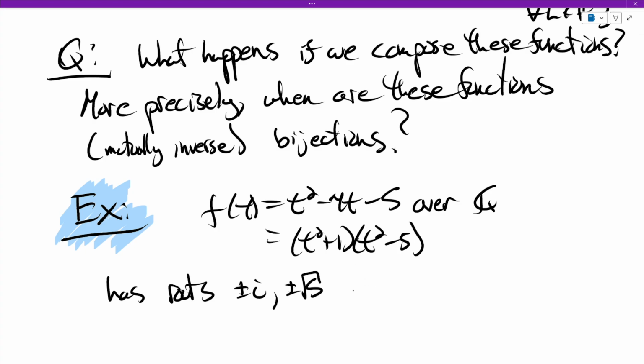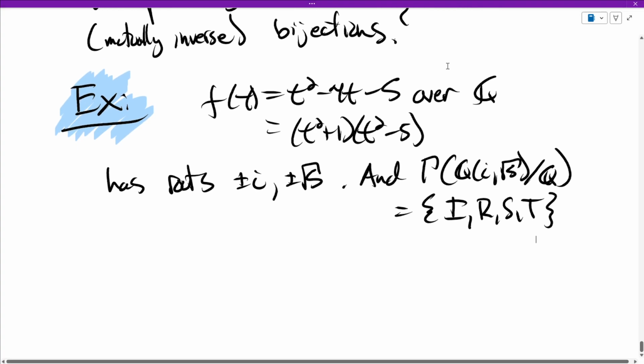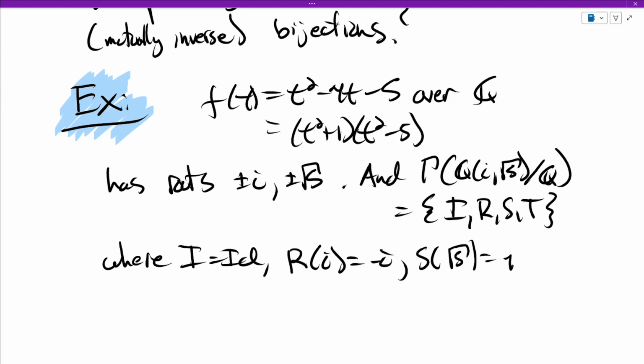Just as a quick reminder, the Galois group of Q adjoin i, root 5 over Q was this set: identity I, R, S, and T, where I is the identity, R was negate i, S was negate root 5, and then T was, well, fix i.